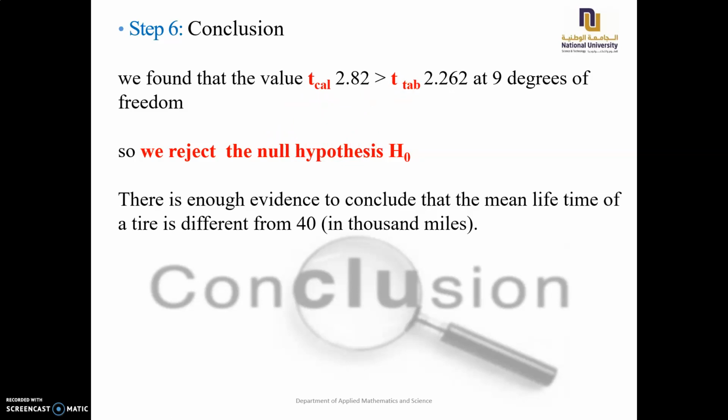What was our null hypothesis? Our null hypothesis was that the mean lifetime of the tire is 40. So we are rejecting that. When you reject that, it means you are accepting the alternative, the opposing hypothesis. In the opposing hypothesis, or H1, it's written that mu is not equal to 40.